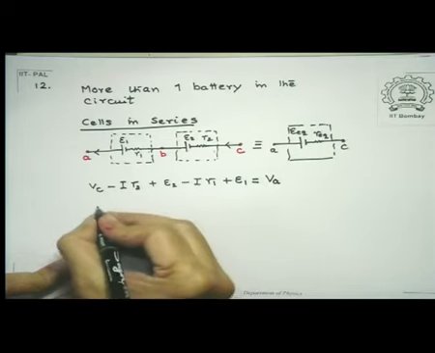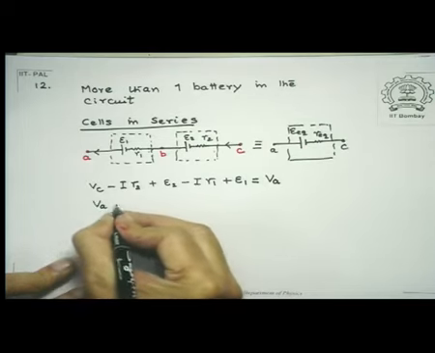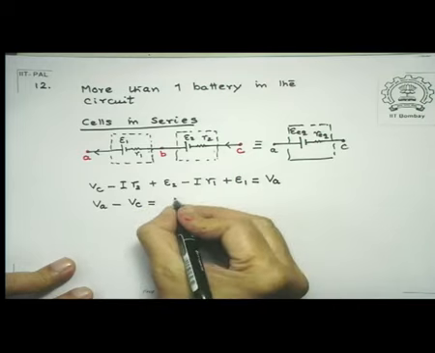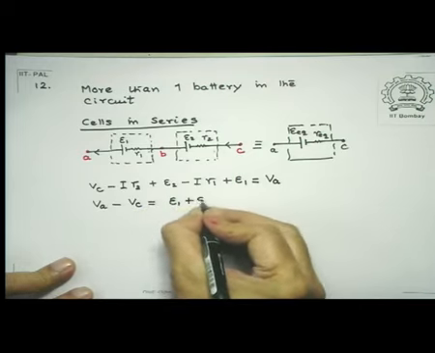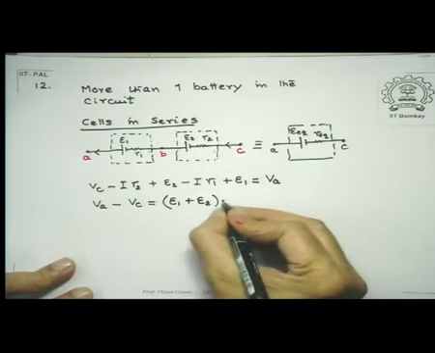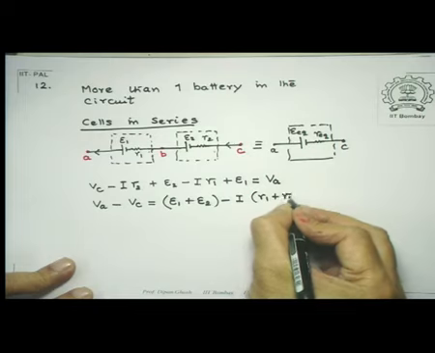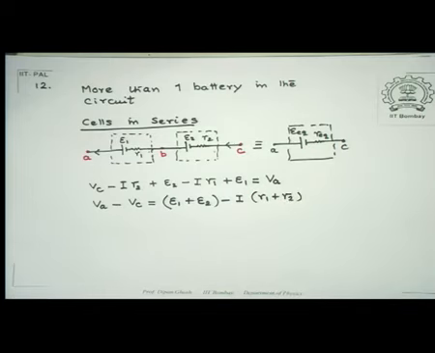So what is my VA minus VC? So VA minus VC is E1 plus E2 minus I (R1 plus R2). So look at what I have done.